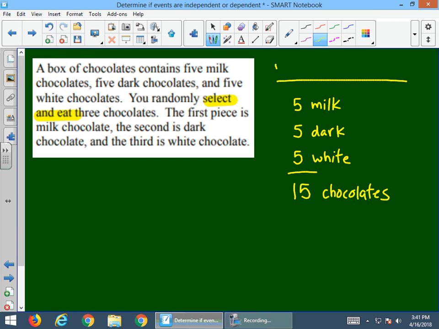So this is a problem that is without replacement. And as we know, without replacement means these events are automatically dependent. The second event will depend on the success of the first event. So those are dependent events without replacement.